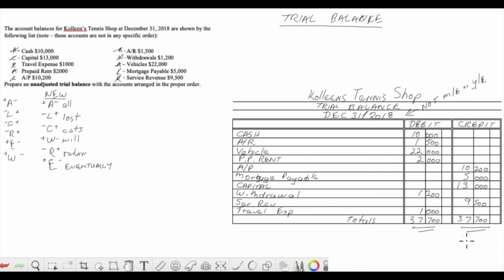So a few key things to take away from doing a trial balance. This is a biggie, right? The new acronym: all lost cats will return eventually. That's the new acronym that you need to remember. The reason we do this is that the next step would be making those financial reports that we learned, these three.